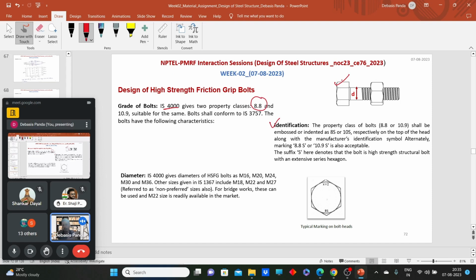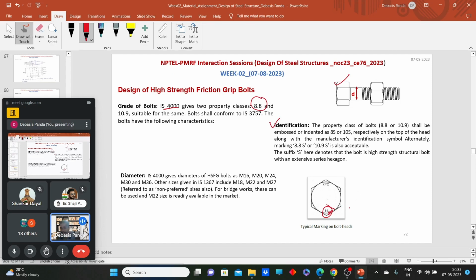Say, for example, you went to a site and some steel work is going on. An execution engineer comes and puts two bolts in your hand and asks which is the bearing type of bolt and which is the frictional type of bolt. Basically, in the head of the frictional type of bolt, an S is written, 8S.